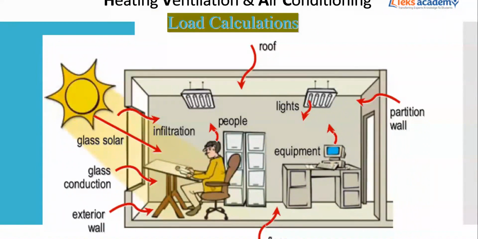You can observe in this image the solar heat, the glass conduction, the wall heat, the floor heat, the equipment we use, the light heat, and the people's heat. All this heat we calculate, and according to that we provide cooling in our particular room.